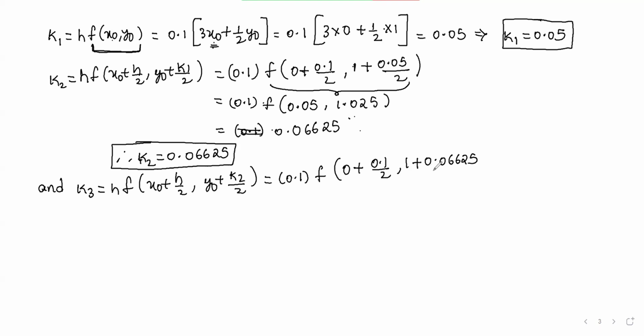0.06625 divided by 2. That is equal to 0.1 into, again this is in the form of f of x naught comma y naught.